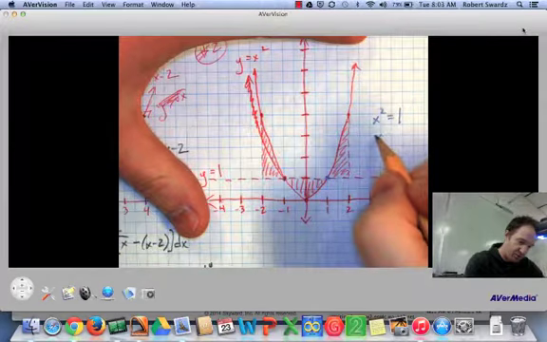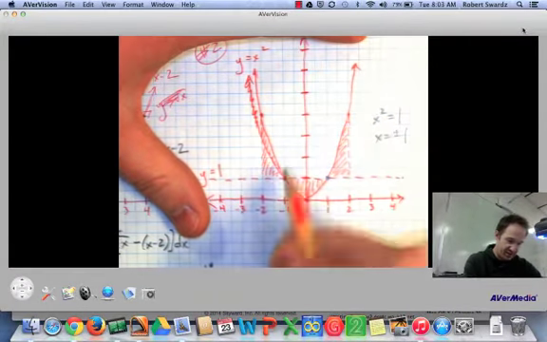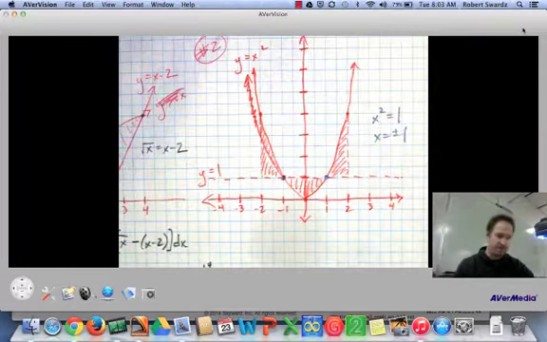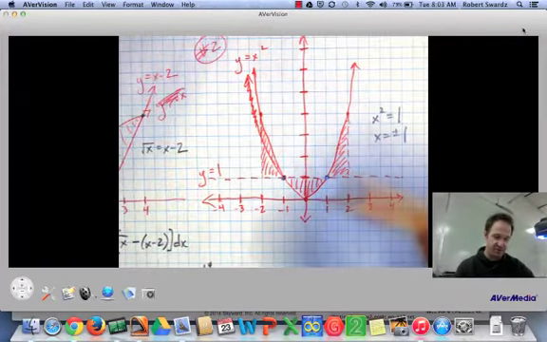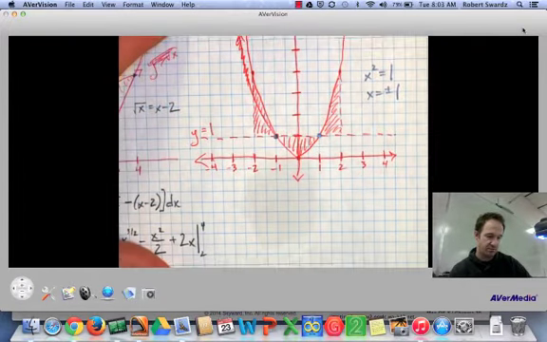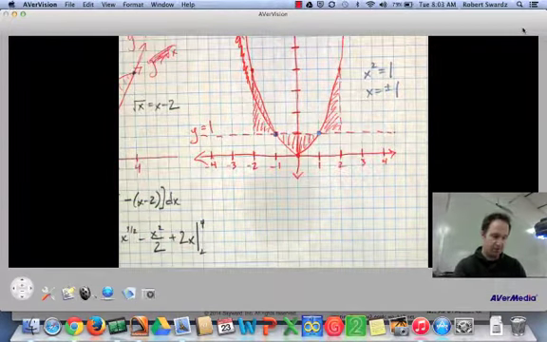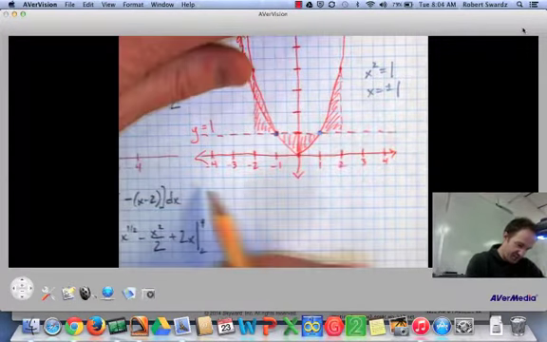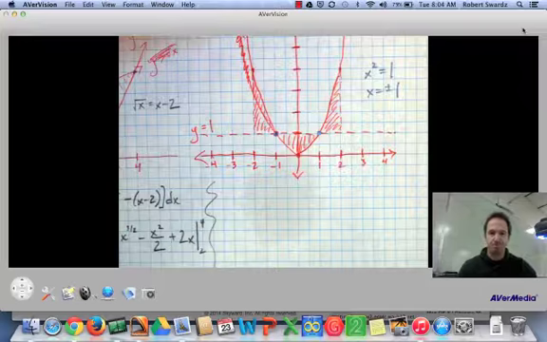You get x equals plus or minus 1 in this case, and that would tell you where these lines crossed. Might not be necessary here since I drew the graph to scale and you had grid lines to look at. But if you don't, that's how you figure out where they cross. Okay, now let's set up some integrals to find this area.